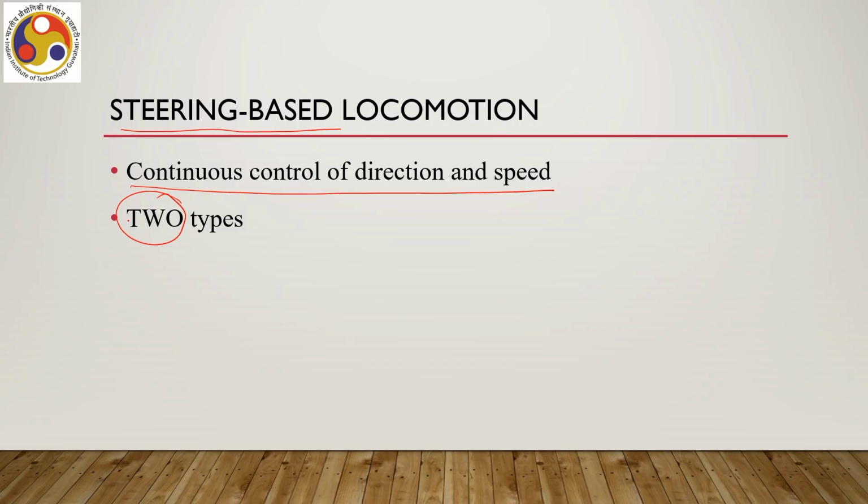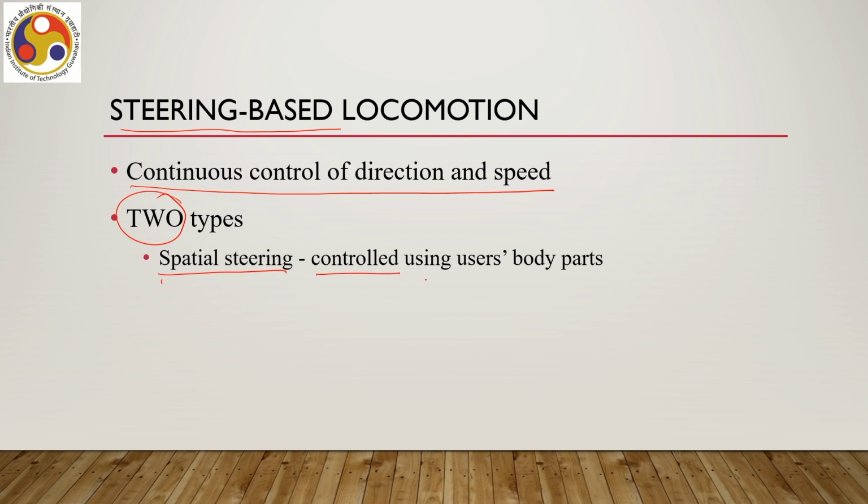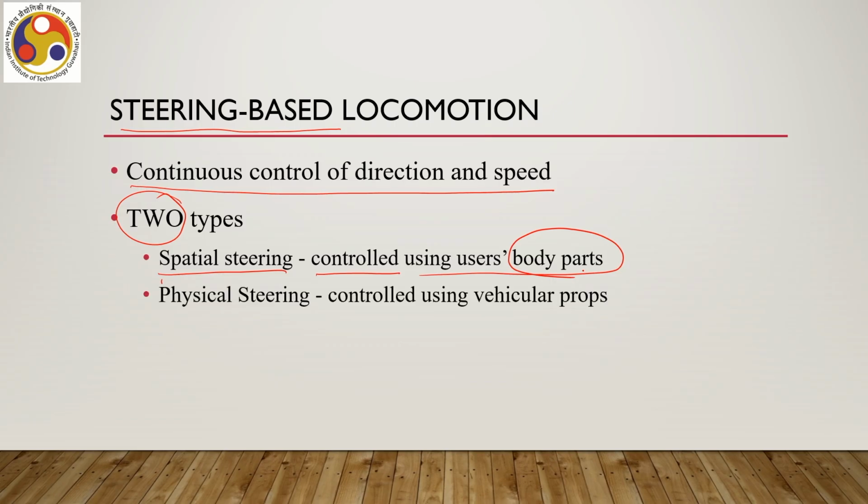Now, this is also of two types: spatial steering based navigation, in which the navigation is controlled using the user's body parts, and physical steering based navigation, where the locomotion is controlled using vehicular props or some additional hardware.